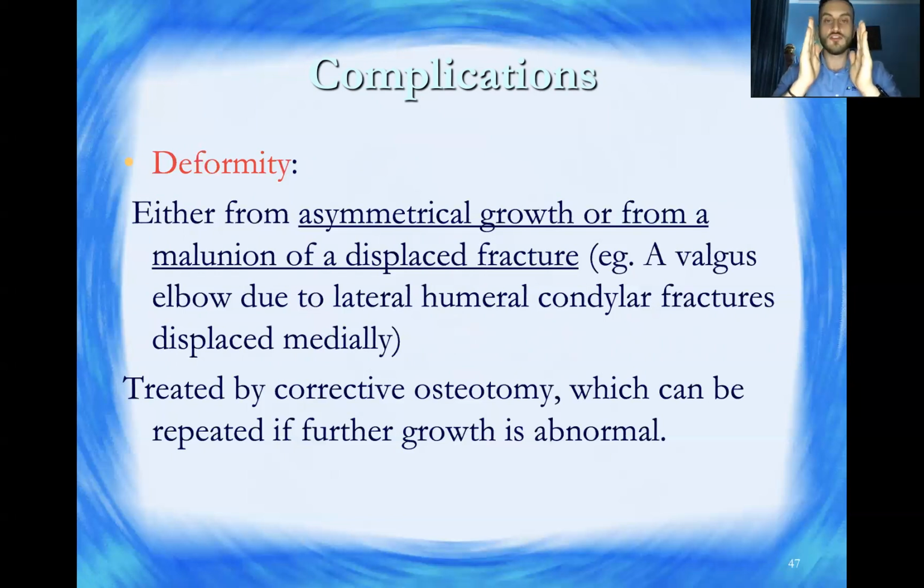If you have an injury to the lateral side and it stopped growing, the medial will keep growing, so it will push the limb into valgus. So that's the way you get valgus or varus deformity. What to do for these patients? Usually observation. If it is very obvious, if they're having pain, or if it's affecting the function or cosmetics, we can go for surgery and do an osteotomy and realign the bone later.